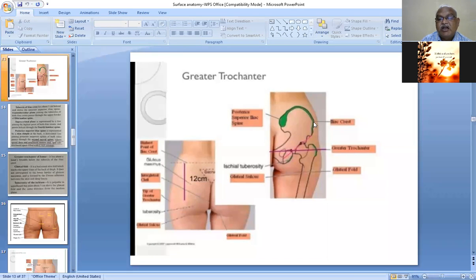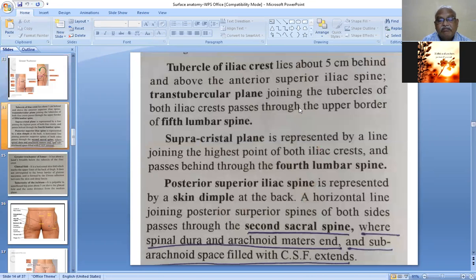It goes through the fifth lumbar vertebra. The highest convexity of the iliac crest is the highest point of the iliac crest, and that passes through the fourth lumbar vertebral level. So we can identify it. That is the supracristal plane, which goes through the fourth lumbar vertebra. The transtubercular plane goes through the upper border of the fifth lumbar vertebra.